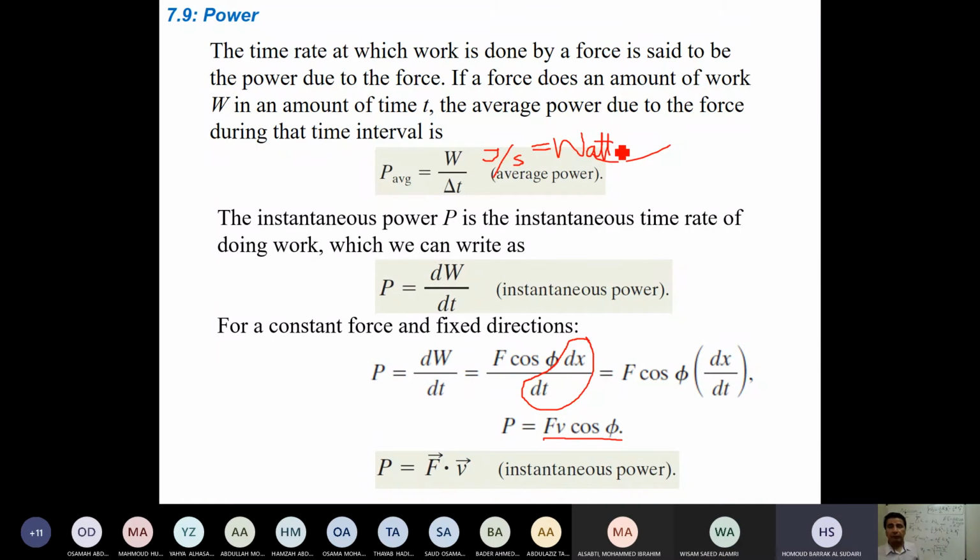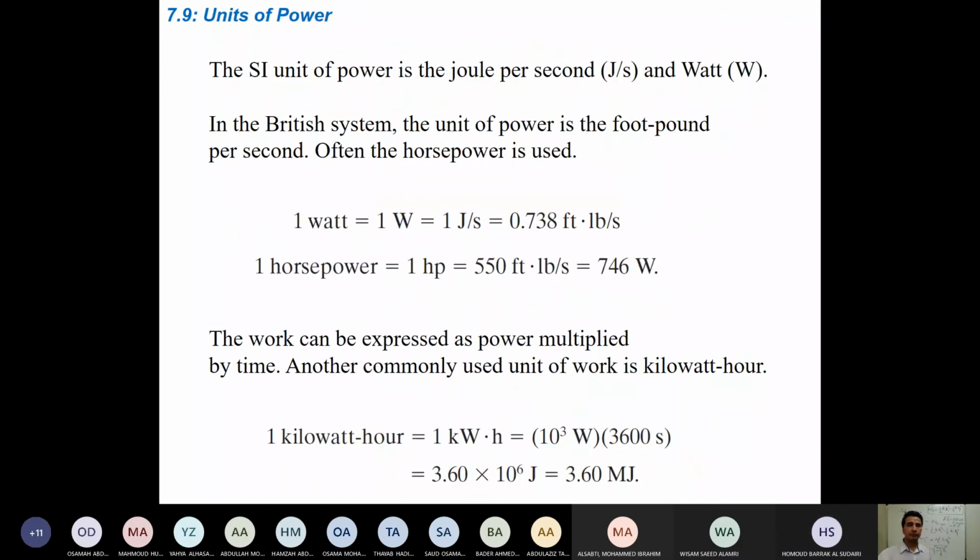Like when you go to a shop and you're buying a bulb for your home, and you are looking for either a 60-watt bulb or a 100-watt bulb. So actually what you are looking at is the bulb which consumes that many joules of energy in 1 second. If it was 60 watt, it will consume 60 joules of energy in 1 second, which is 60 watt.